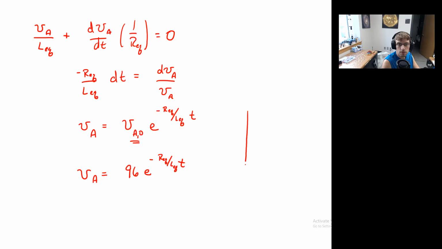In other words, if we plot this, it will start out at time zero at 96 volts and rapidly die out to 0. And how it dies out is dictated by the time constant, tau, which is equivalent to LEQ divided by REQ, as we've talked about in a previous lecture.